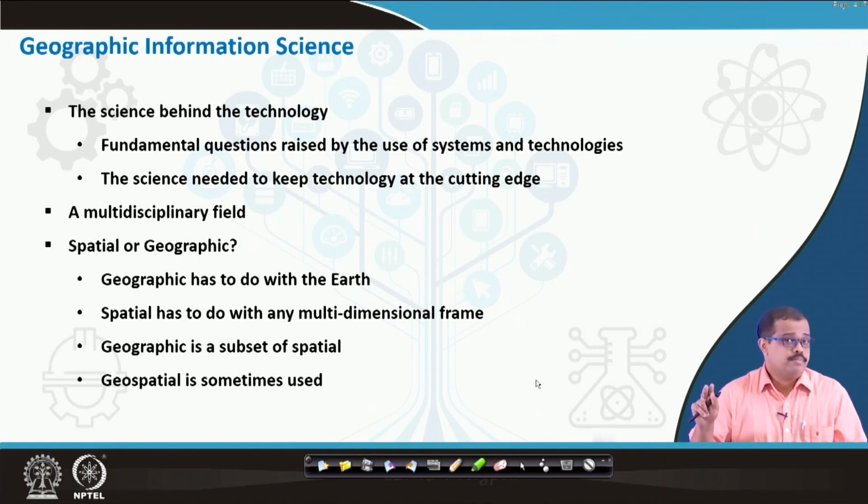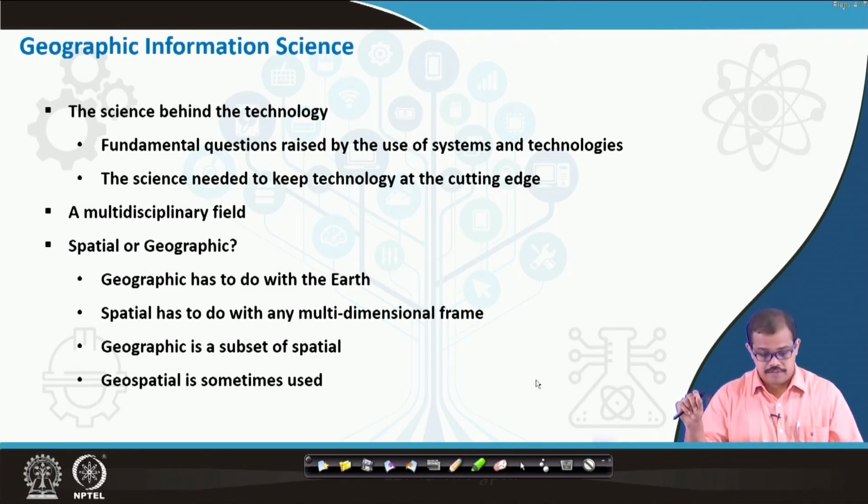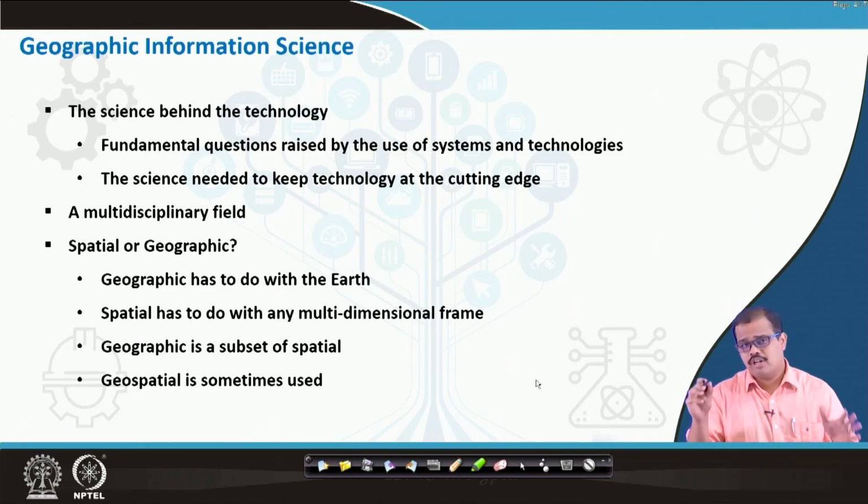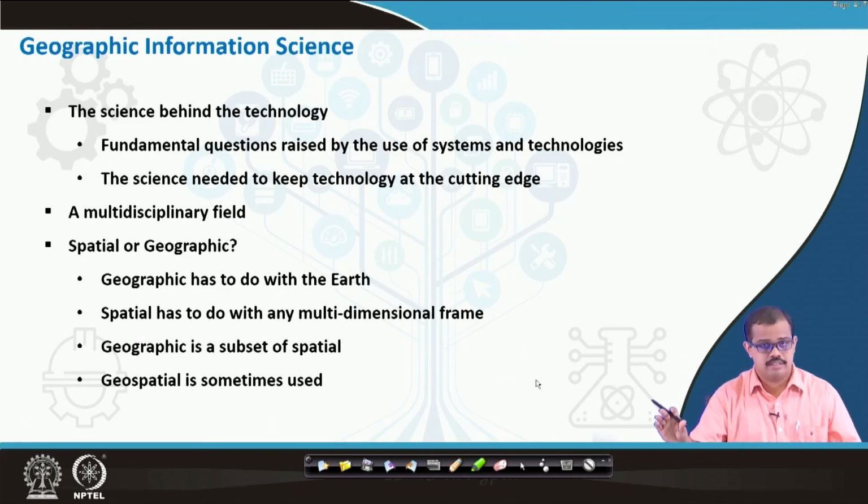A very important concept of geographic information science is whether the information is spatial or geographic. When I say geographic, it has to do with the earth surface, the processes on the earth surface. When I say it is spatial, it has to do with any multidimensional frame. It can be anything, you are connecting any object to anything. So that is GIS.